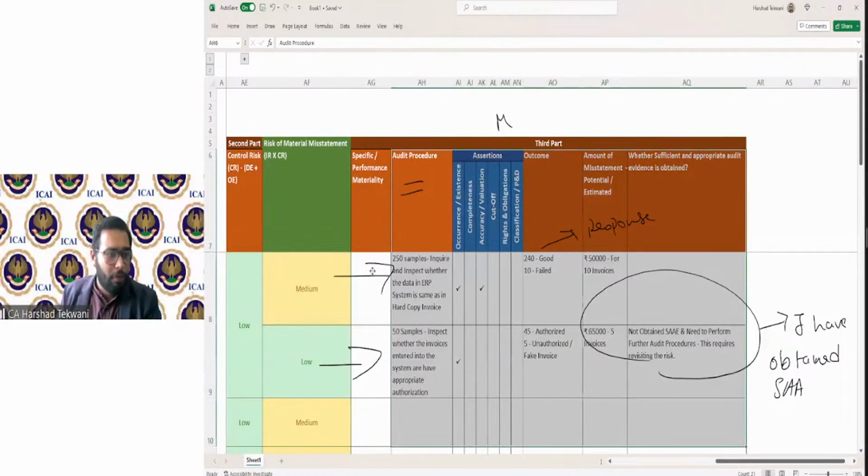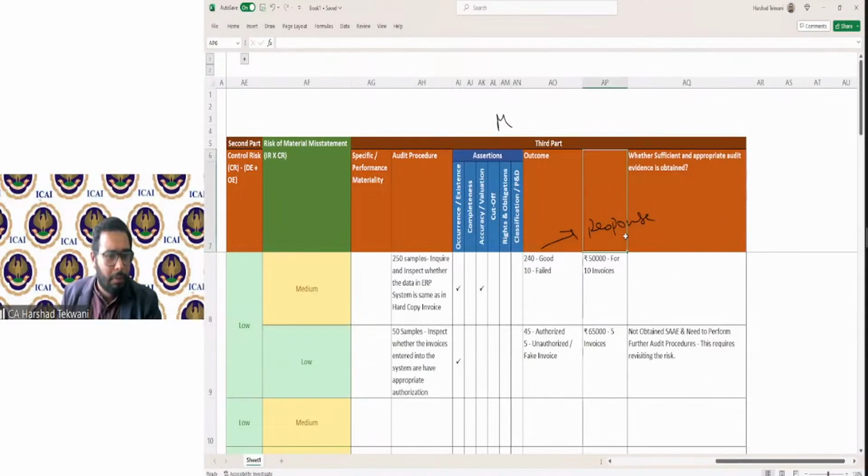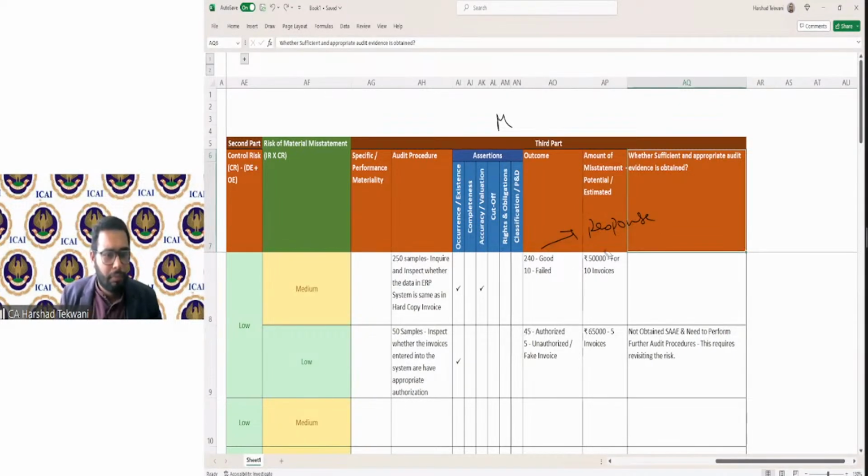I'll remove this as of now, for the sake of clarity, so that we can discuss further. So when I say overall response, when you fill up all the responses, you will prepare an overall response to the assessed risk of material misstatement at the financial statement level.